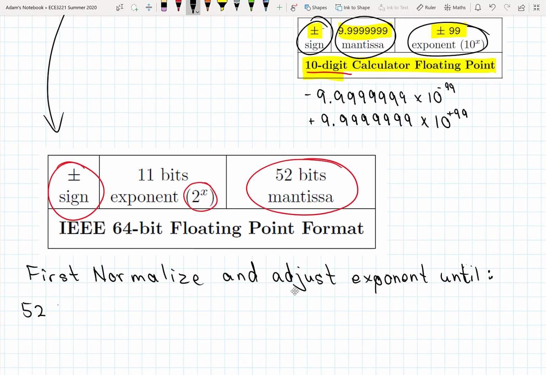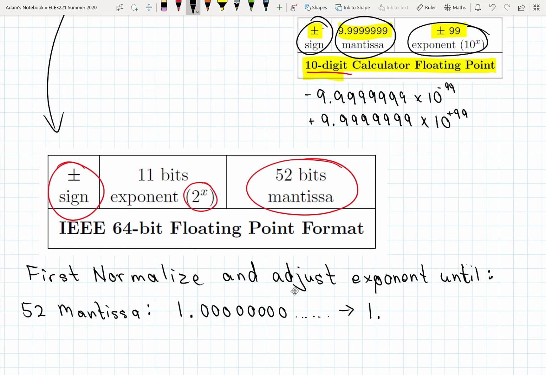So our 52-bit mantissa will only have one bit, one value, to the left of the decimal, and then each bit will represent my base 2 digits to the right of the decimal.